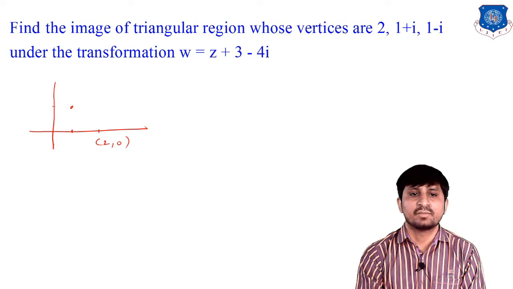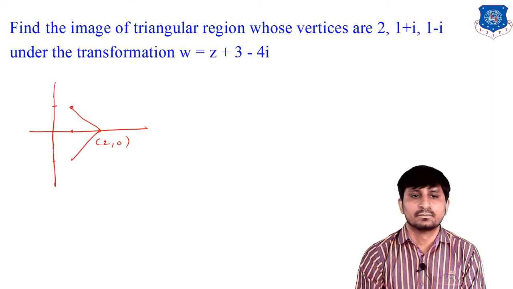Suppose this is my point 1. And 1 minus i, so somewhere here 1 minus i. So this is my triangle, with 1 plus i and 1 minus i.